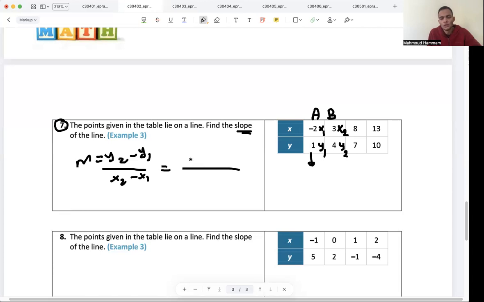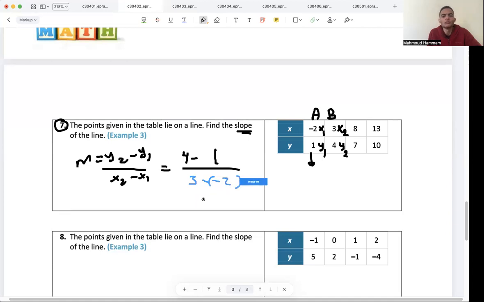The slope is 4 minus 1, because we are subtracting y2 minus y1, over x2 minus x1, which is 3 minus -2.